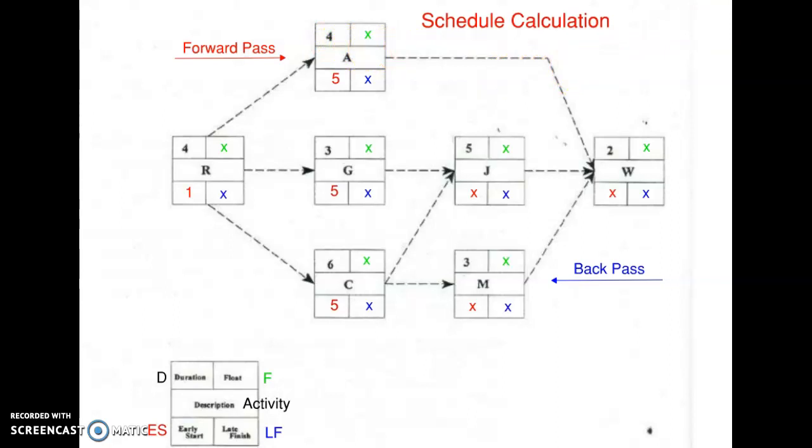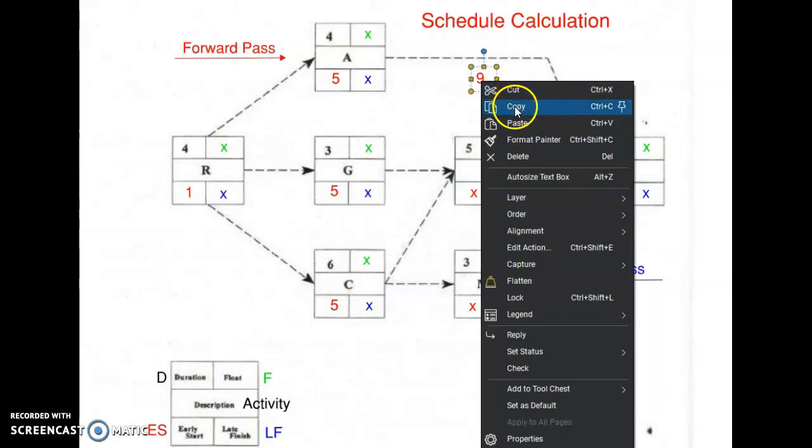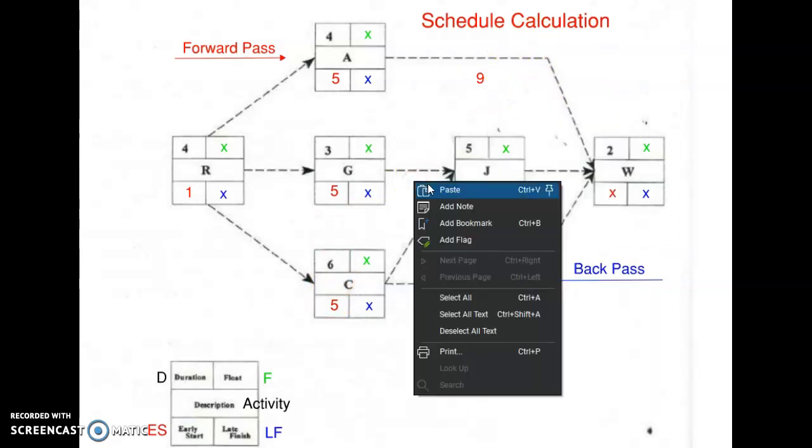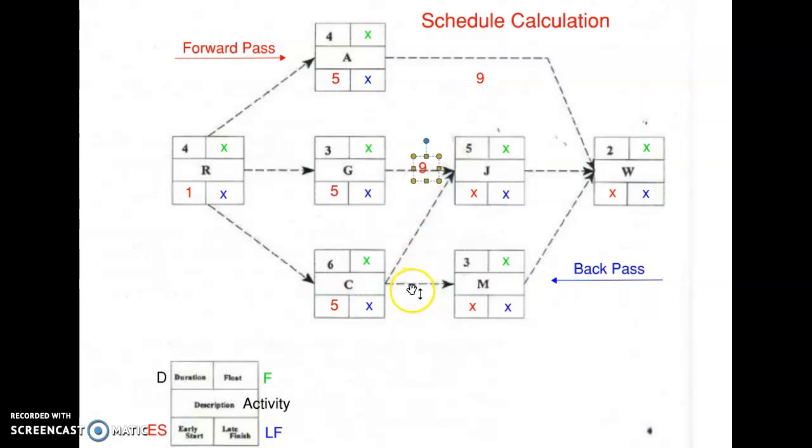And I'm just going to type that out here just so we know. And then let's see here. 3 and 5 is 8. And then 5 and 6 is 11. So bear with me here. I'm just going to copy this. Copy, paste, and then I'm going to paste this down here. I'm trying to do this with Bluebeam so that you guys can kind of, it's better than me scribbling on this stuff.